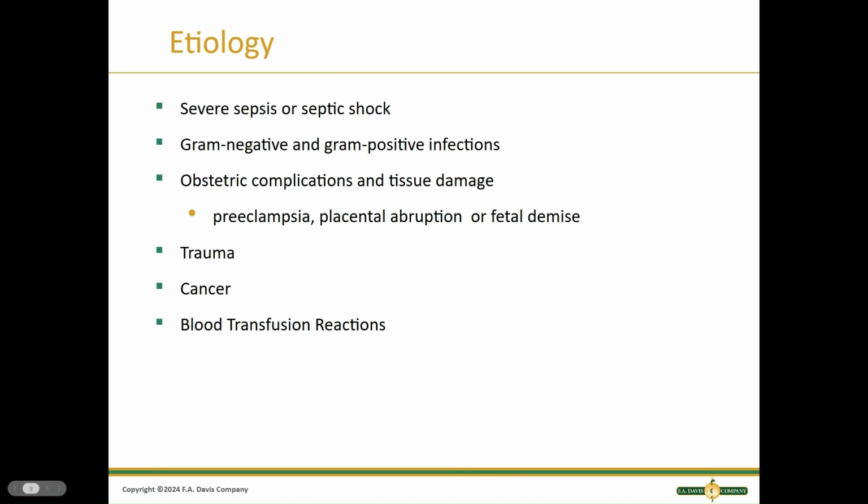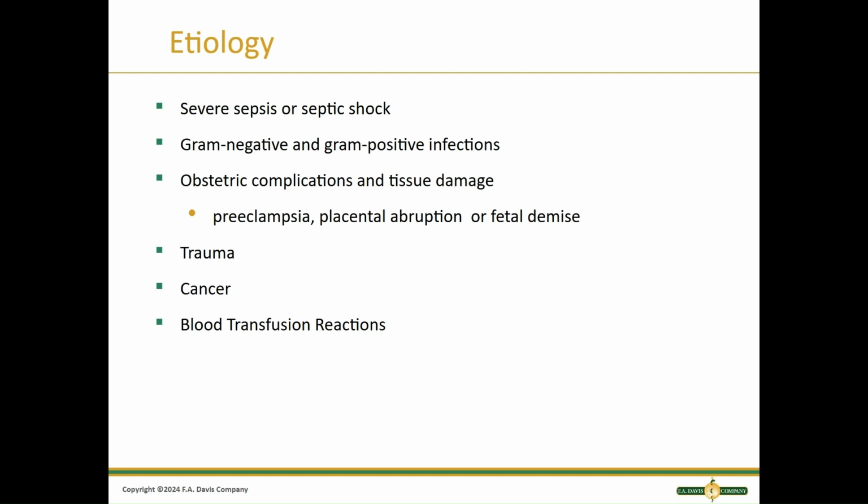Now, some of the things that can cause DIC, remember, it does not start by itself, but it is triggered by a complication. It can be a severe illness such as sepsis or septic shock, gram-negative or gram-positive infections. We see it in obstetrical complications and tissue damage such as preeclampsia, placental abruption, or fetal demise.